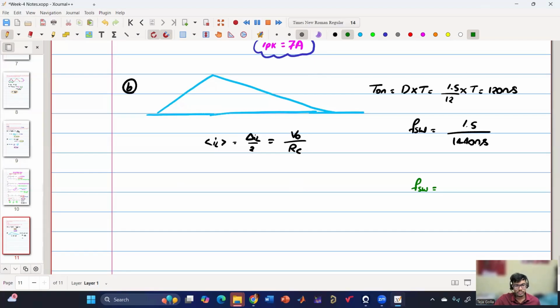Rahul? Doing some 1 second. Sorry? I am getting 1.04 megahertz. So can anyone confirm if you are also getting the same value? 1.04, yeah. Okay, so now if I ask what is the value of RC, the critical resistance?